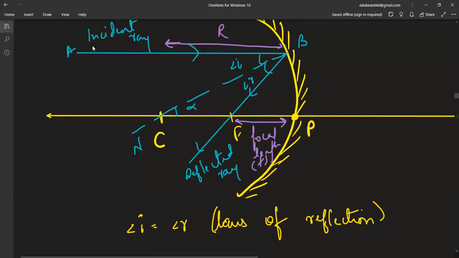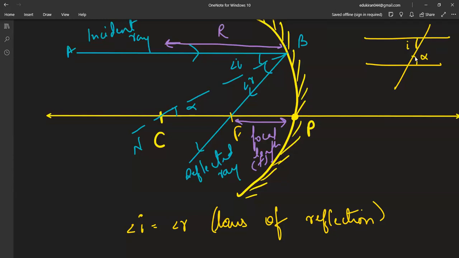Class, look, this incident ray is parallel to the principal axis. If this angle is I, and this angle is alpha, can you see both of these are alternate angles? It's like two parallel lines are present. One angle is present here, one angle is present here. This is the angle of incidence, this is alpha.